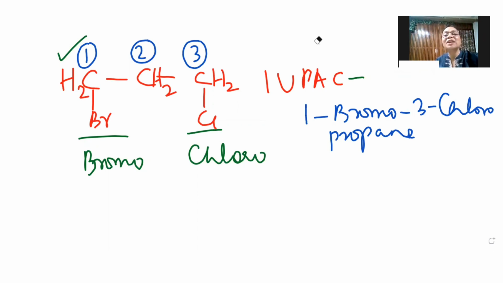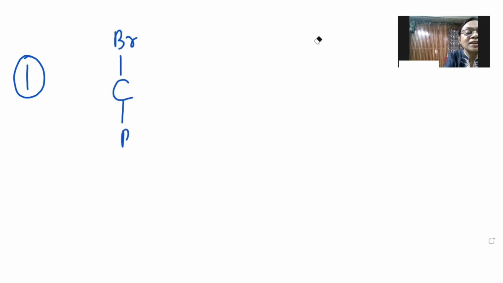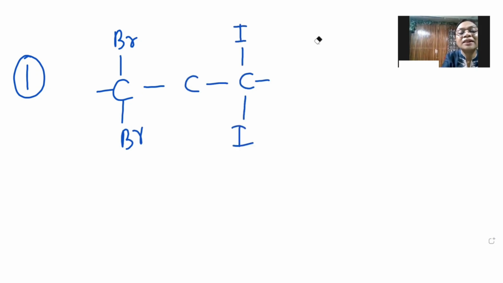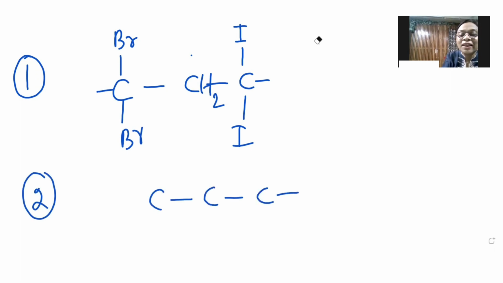So I would like to leave you with a few problems to solve, and we can discuss this in the next video of mine. And by now you must be knowing how to write the IUPAC name of this compound. Let me put one small challenge.